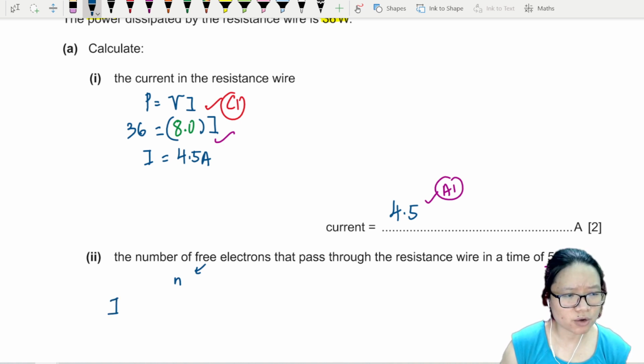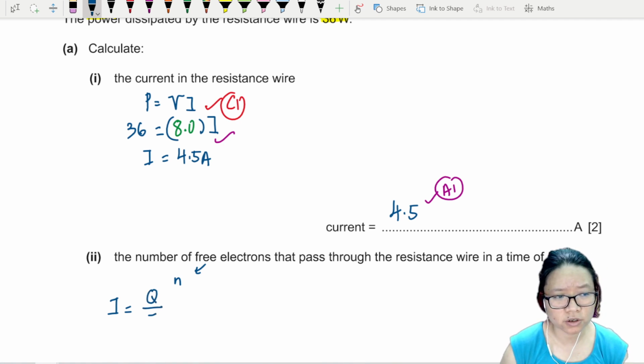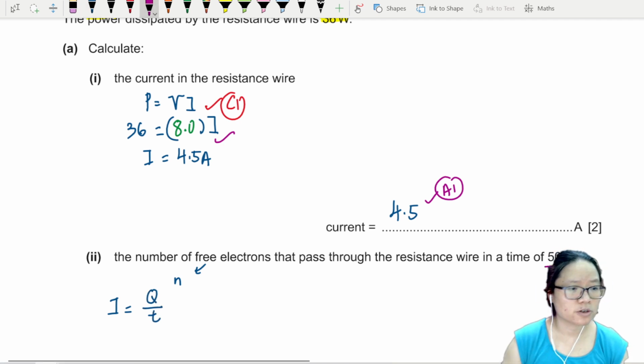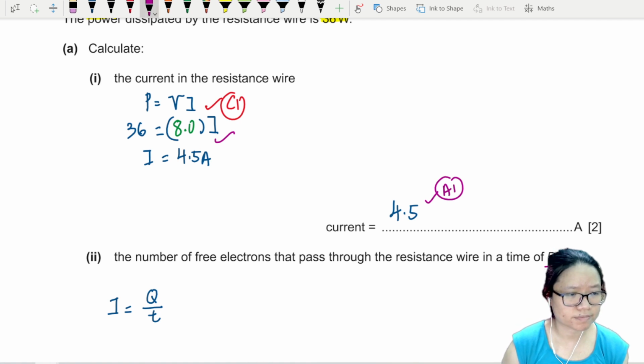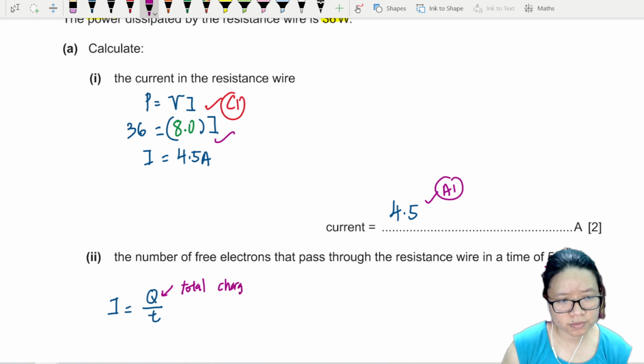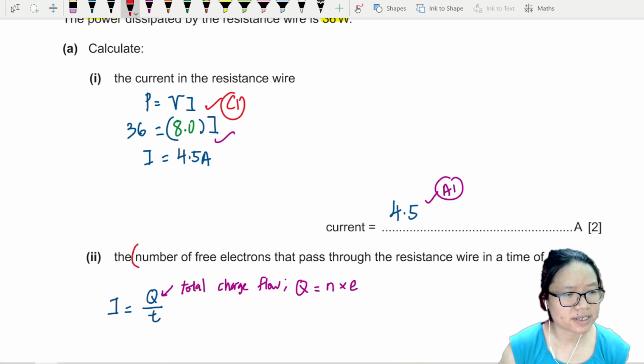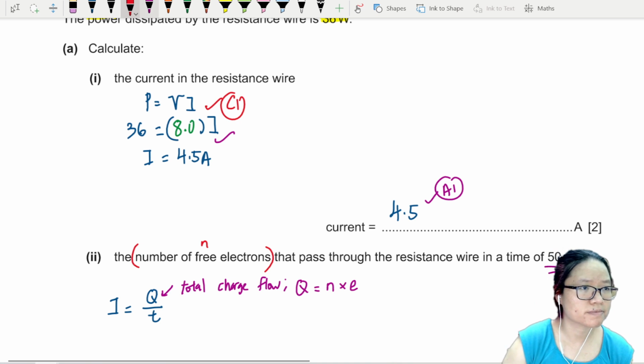And you know current is rate of charge flow, the amount of charge flow per unit time. So this Q here is total charge flow, which means Q should be equal to N times E, where N here is the number of free electrons.